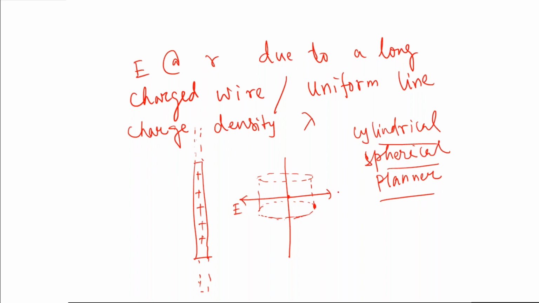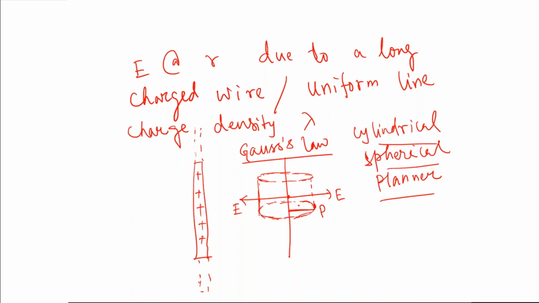If you have a point P, you rotate around it. Suppose I have to calculate the electric field at a distance R. You take a radius R and go in a circular path around it, and then you have to cover the whole charge density to calculate the electric field at this point, isn't it? So you have to go along the direction of the line charge also.